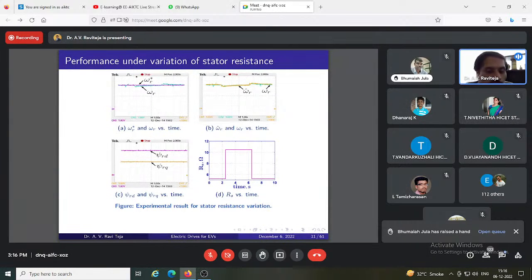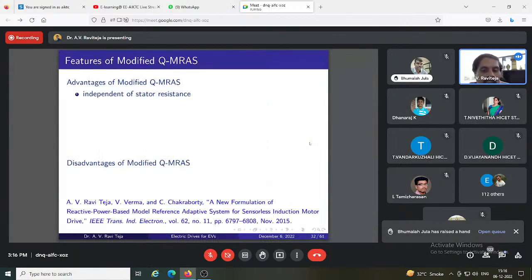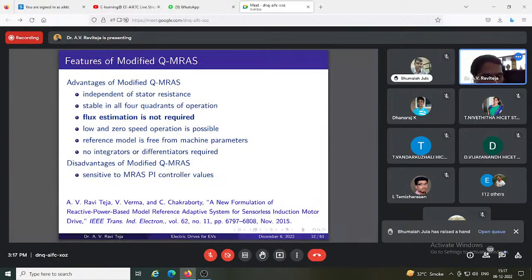This is an additional advantage in comparison to the previously discussed method. Other things remain the same, so it is still dependent on rotor resistance and sensitive to PI controller values. So this is the future work.